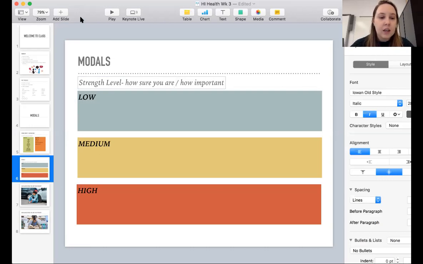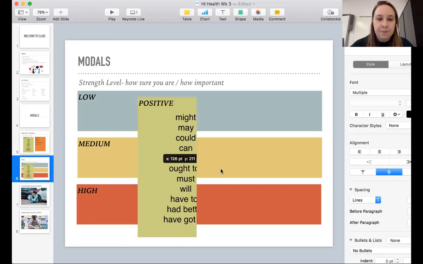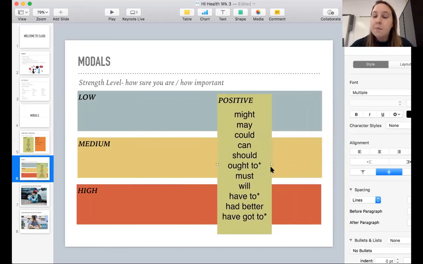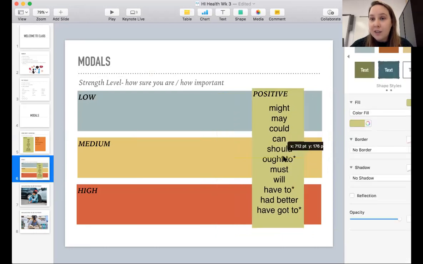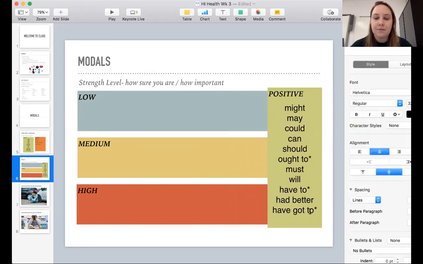So if we take a look at all of our words, I'm going to just copy and paste this over so we can see them all. So we'll just look at the positive forms. Making them negative does not change anything about them. So the strength generally stays the same, whether it's positive or negative.